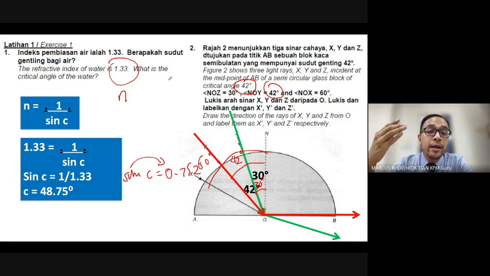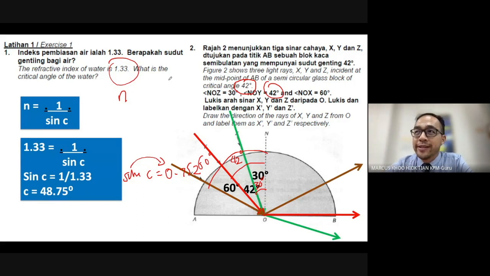So when the angle of incidence is bigger than the critical angle, what's going to happen? It's going to totally internally reflect. That's it for the basics of this subtopic. Once you understand this, everything else should be quite okay.